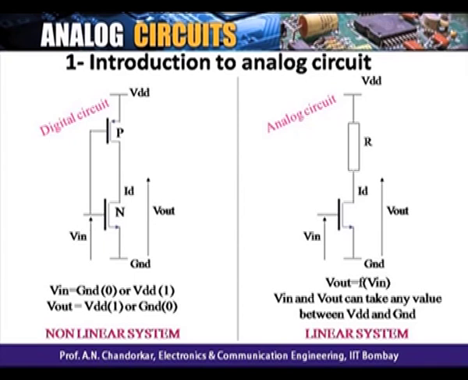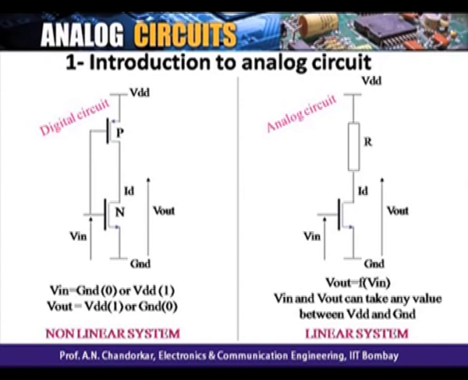Quickly, I'll show you an introduction to analog circuits. You can see here, this is a non-linear system and this is a linear system. Can you tell me why? Vin is ground or VDD is 1, Vout is either 1 or 0. The reason is, since both are transistors, both are non-linear components.